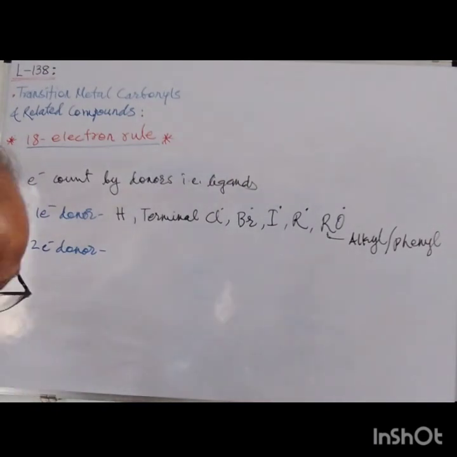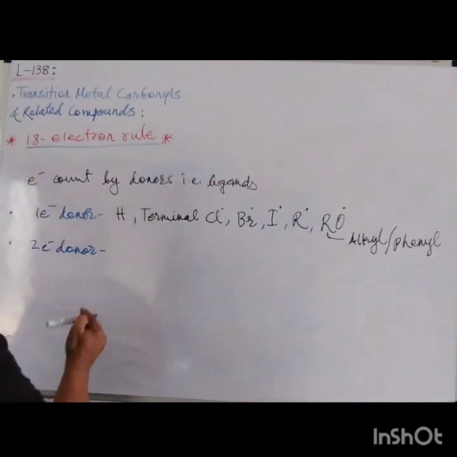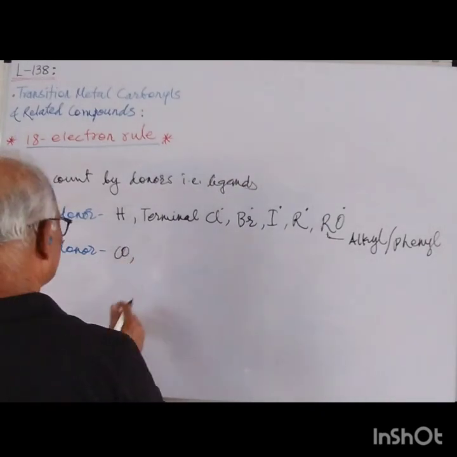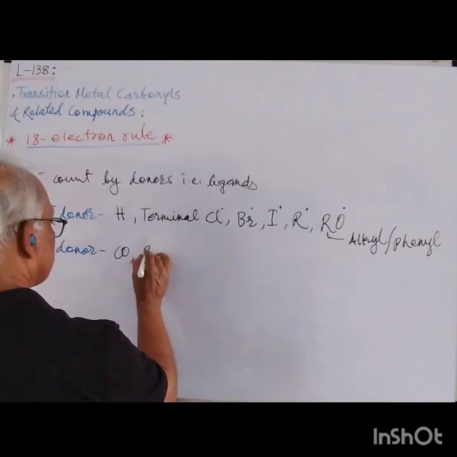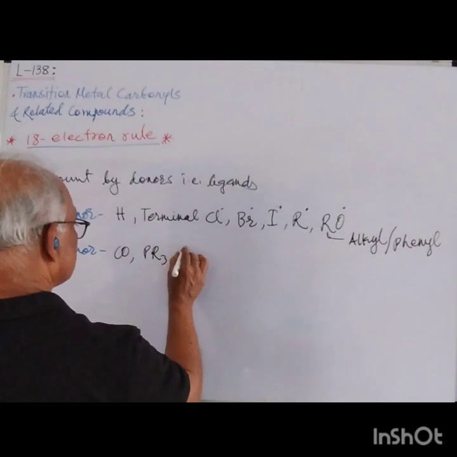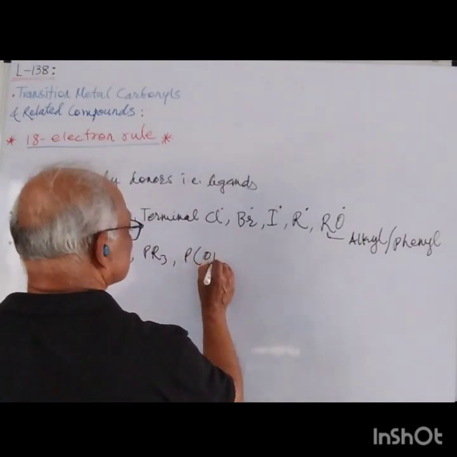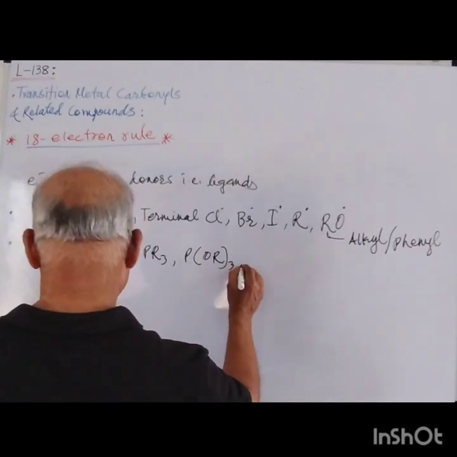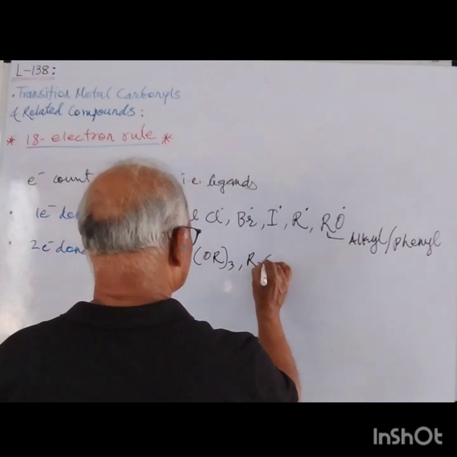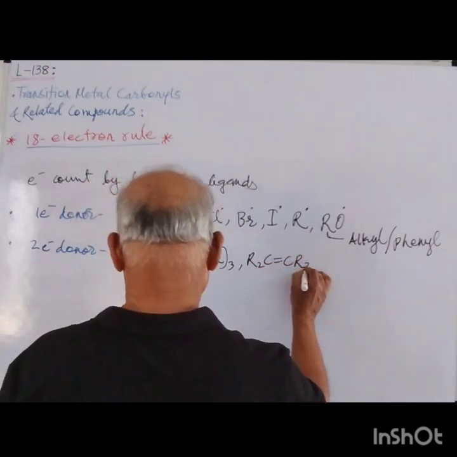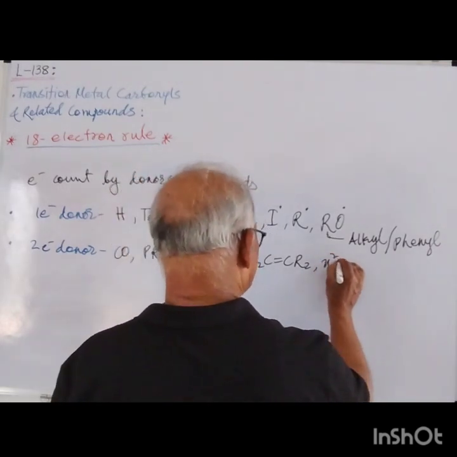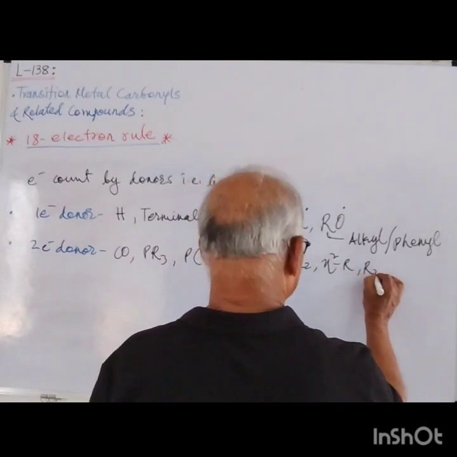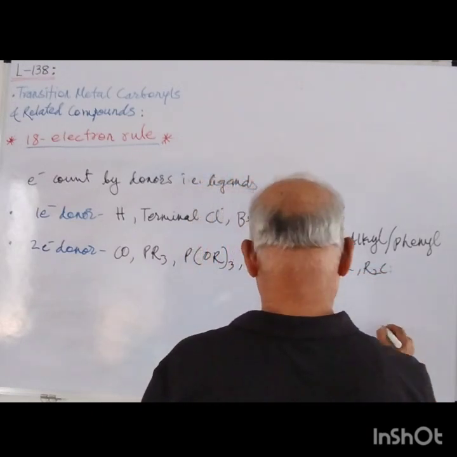There are examples such as carbonyl, carbon monoxide, then trialkyl phosphine PR3, then R2C, then eta2 R, then R2C, that is carbene.